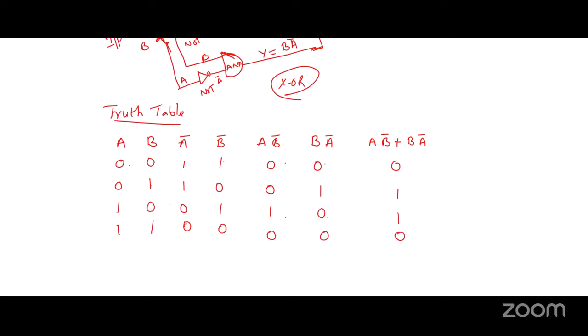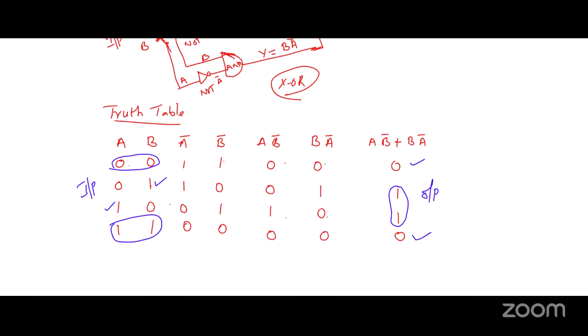So what do you understand from this? If any one of the inputs is high, the output is high. If both the inputs are either high or low, the output is 0.